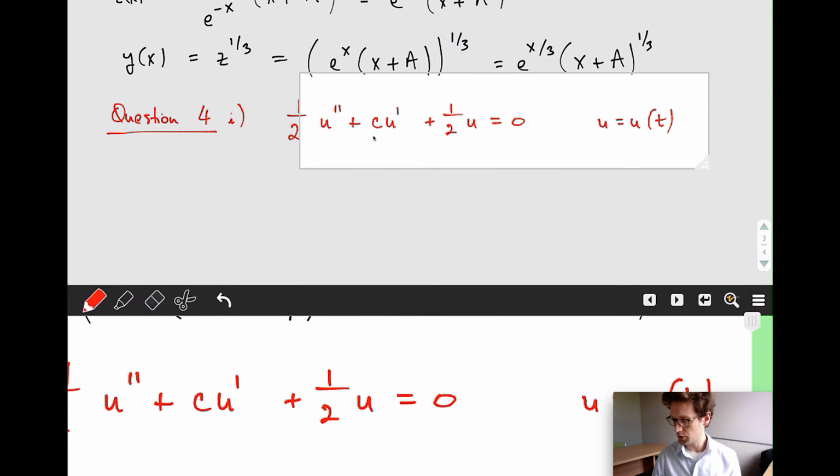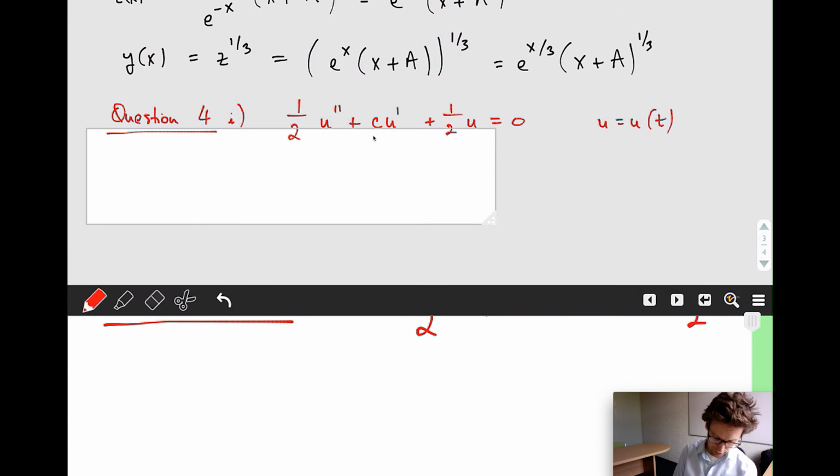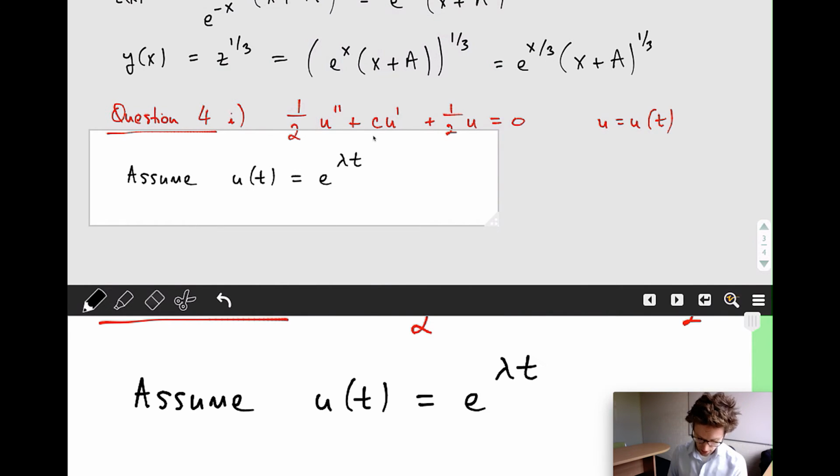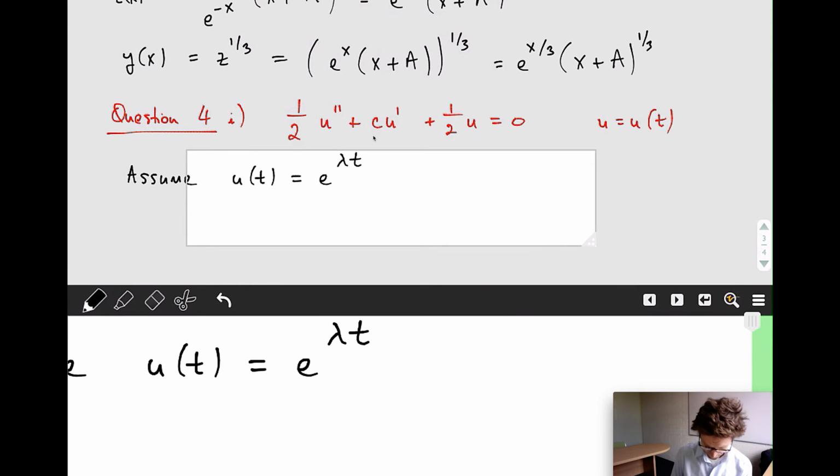So we're going to have to, first of all, find the characteristic equation for this ODE. So we're going to assume a solution of the form e to the lambda times t. U of t is equal to e to the lambda times t. What that means is that every derivative we take of u turns into a power of lambda.